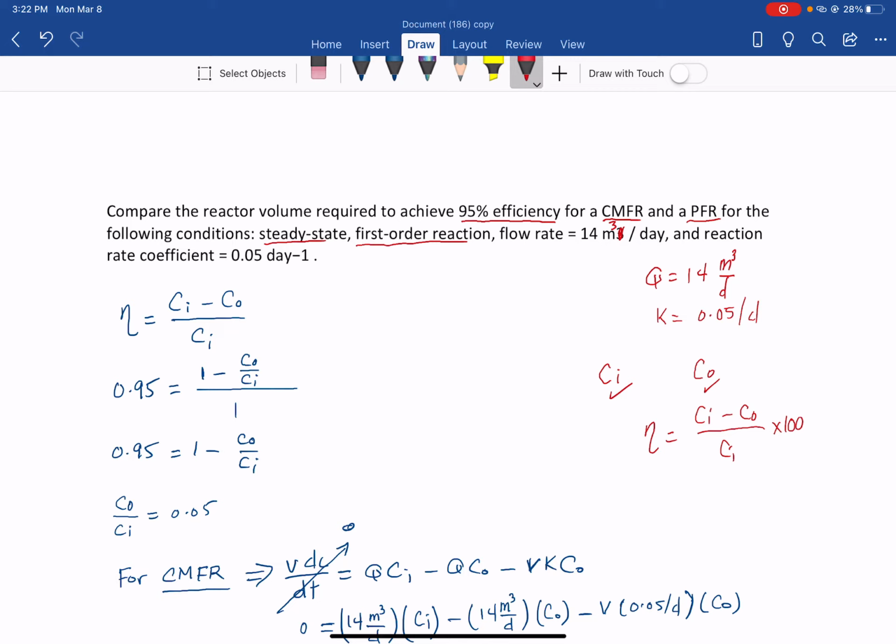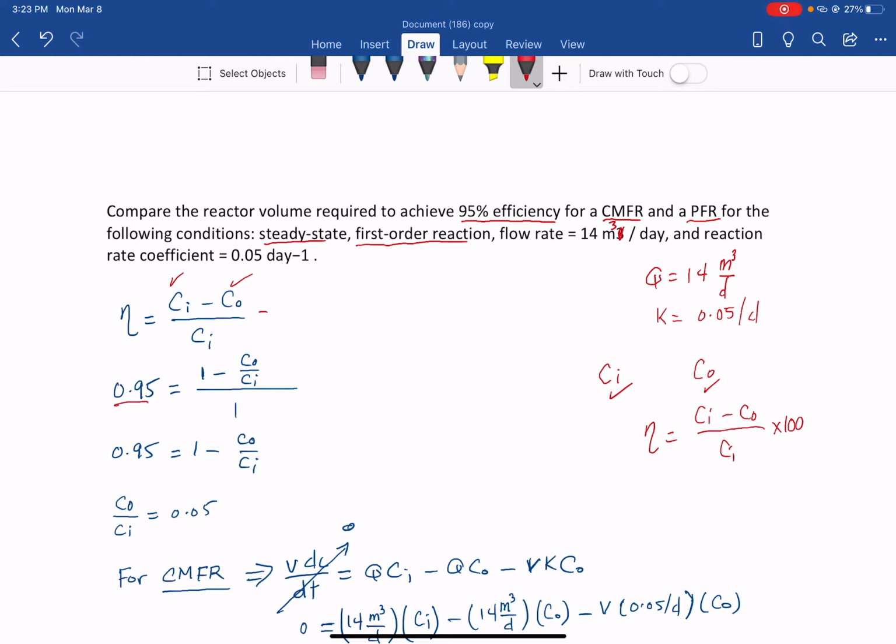So what we're going to do here, the efficiency is equal to C initial minus C out over C initial. Don't worry about the 100% for now. It's not 95%, it's 95 over 100, which is 0.95.